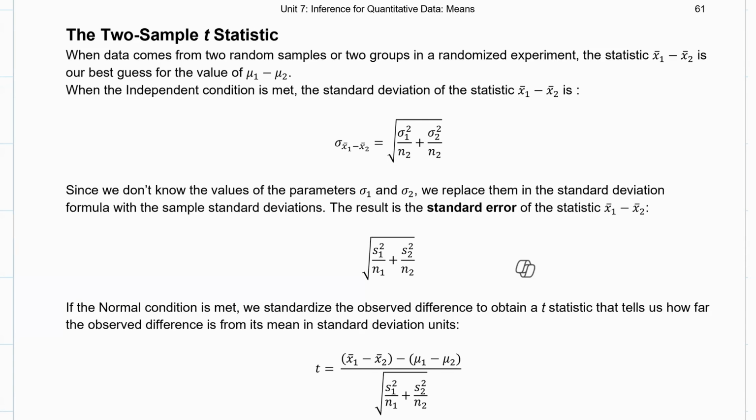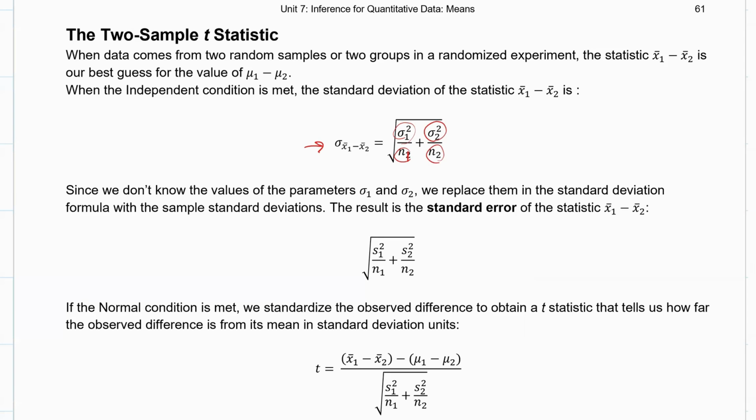population means. We've already discussed the fact that when we take two distinct samples, the spread of the difference of those means is this formula: square root of variance from population one over the sample size from one, plus variance of population two over the sample size of two.